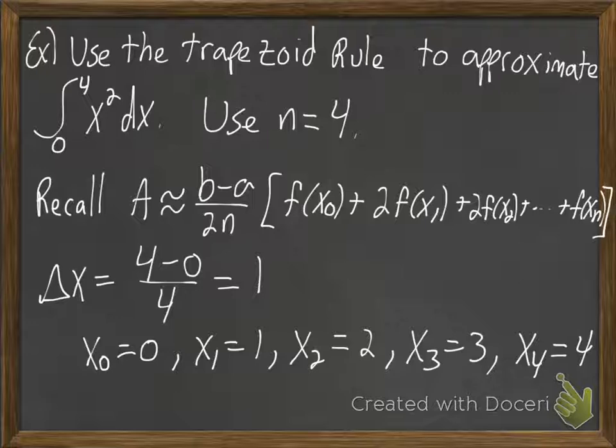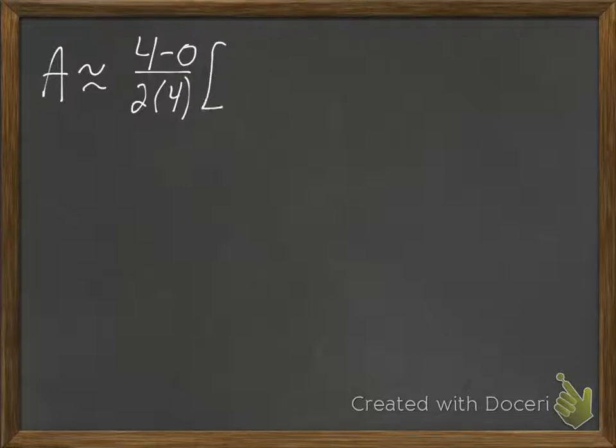So to approximate our area, we're now going to use our function f of x, and we just plug that information into our trapezoid rule. So area would be approximately (b minus a) over 2n, so we would do f of 0 plus twice f of 1 plus twice f of 2.